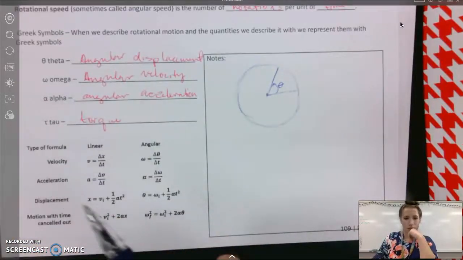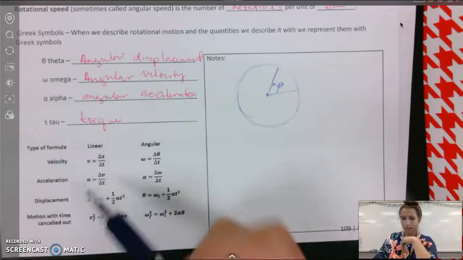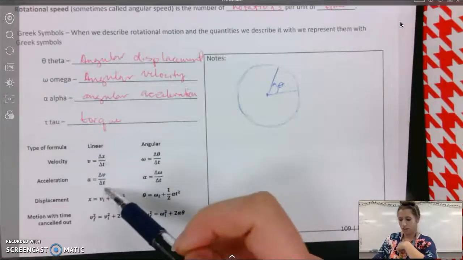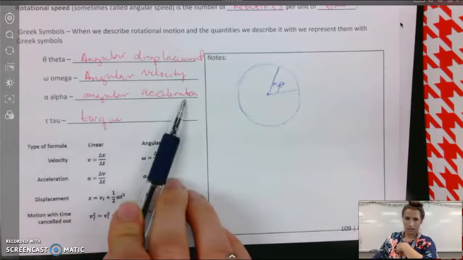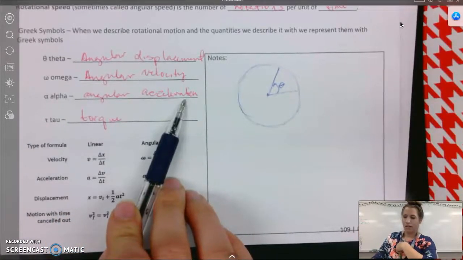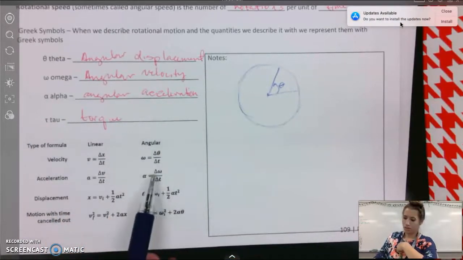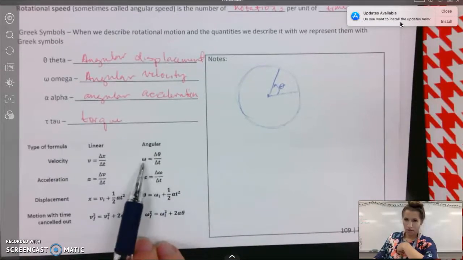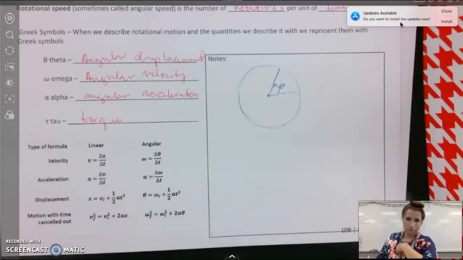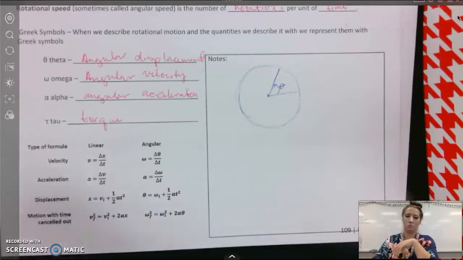Okay, now let's keep going. We know that acceleration is a change in velocity over time, and angular acceleration is a change in angular velocity, that omega, over time. Then we have a couple of kinematic equations here that we use quite a bit when we're doing linear motion.